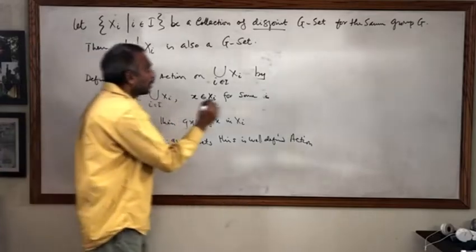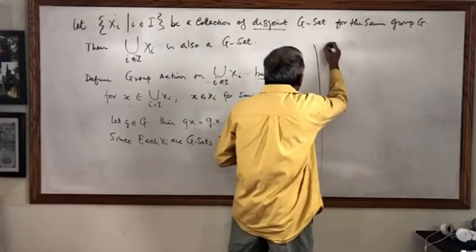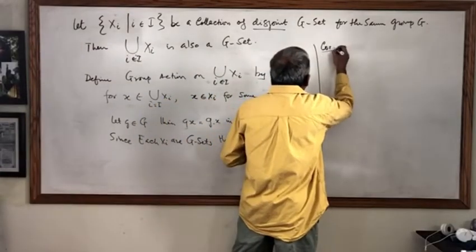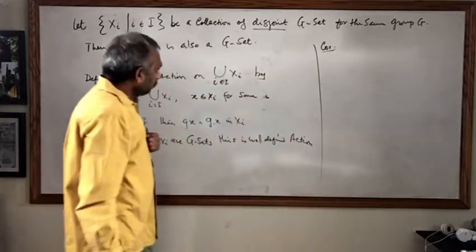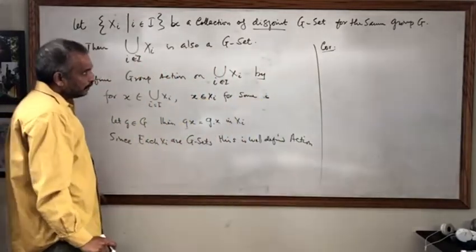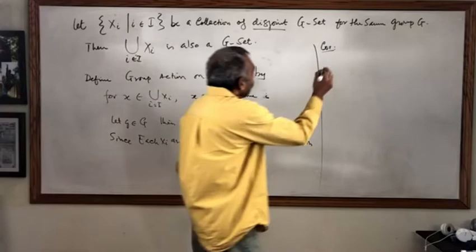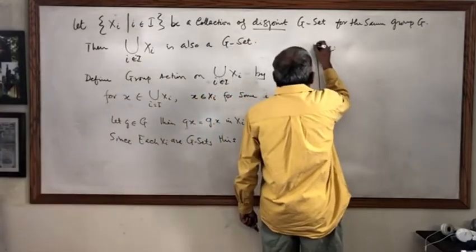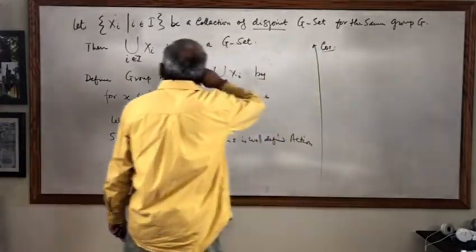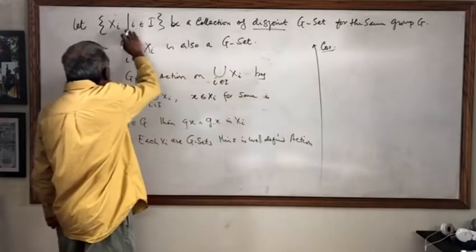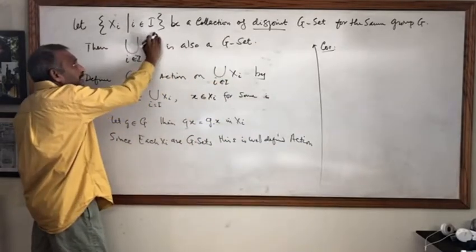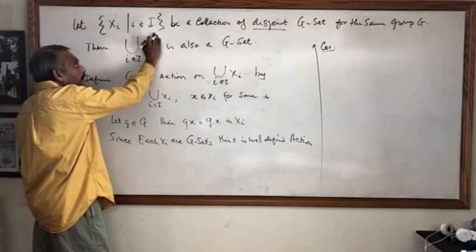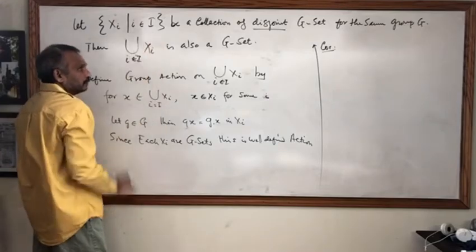As a corollary of this result, we can arrive at the conclusion that every G set is a union of its orbits.